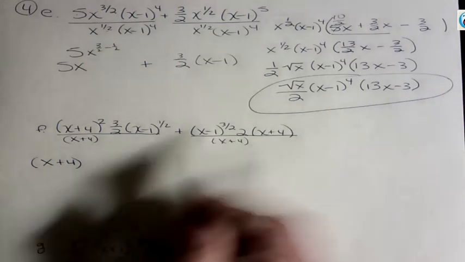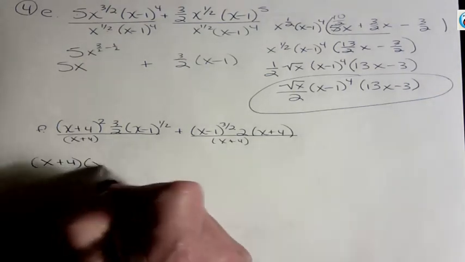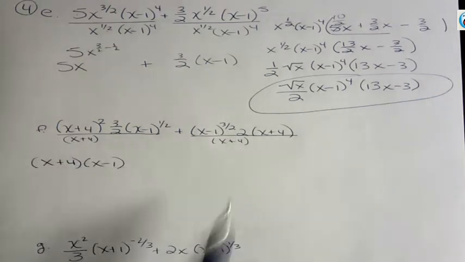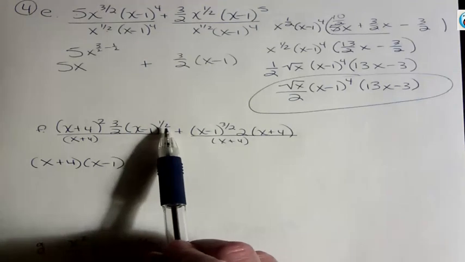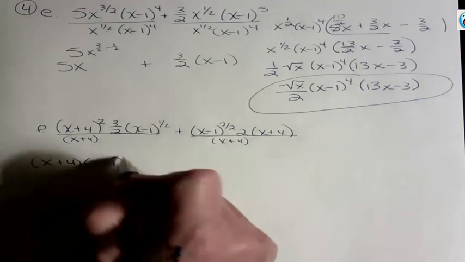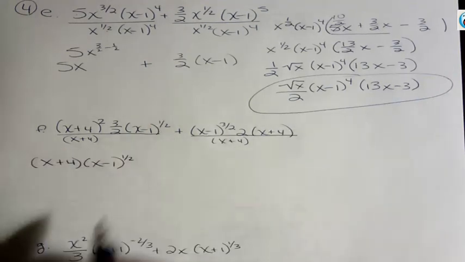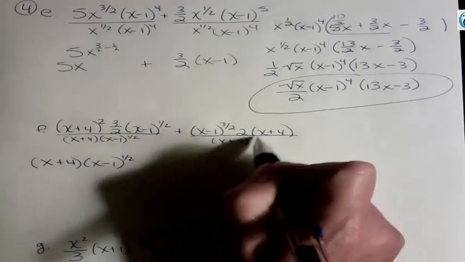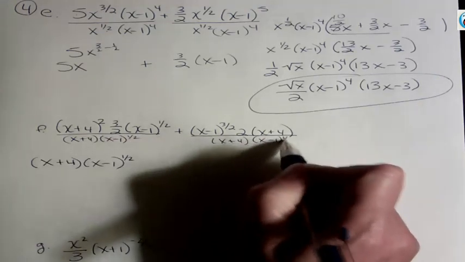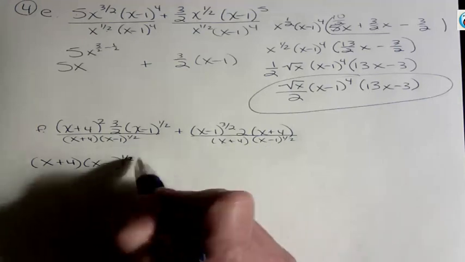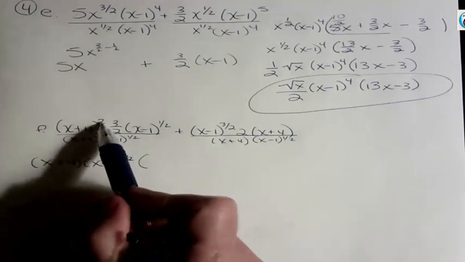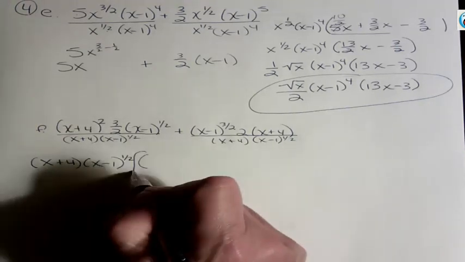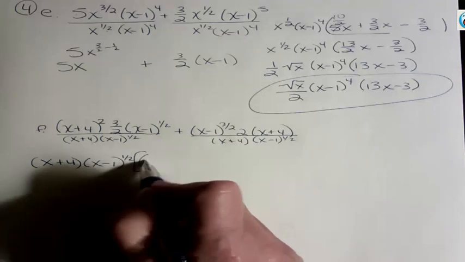And I also have an x minus 1, but what power am I going to take out? Well, you take out the lowest power. 1/2 is smaller than 3/2, so I'm going to take out 1/2. And I'm going to be dividing then x minus 1 to the 1/2, x minus 1 to the 1/2. What's left? Well, I had 2 of those, so I have 1 left. Make that I have x plus 4.